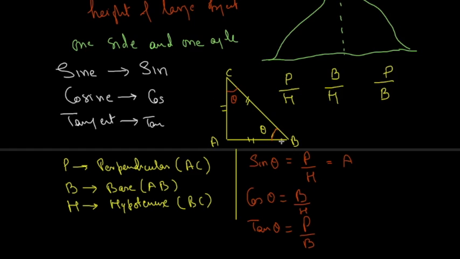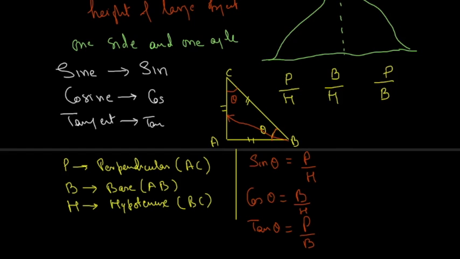And BC is the hypotenuse. But we were discussing the perpendicular, right? Yeah, my mistake. So this side is opposite to this angle. I'll just mark a line from here. Yeah, this is the opposite side.